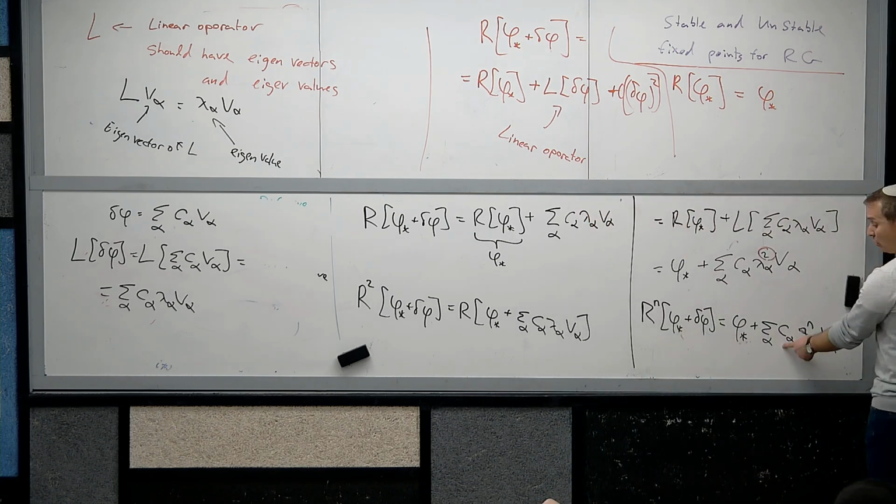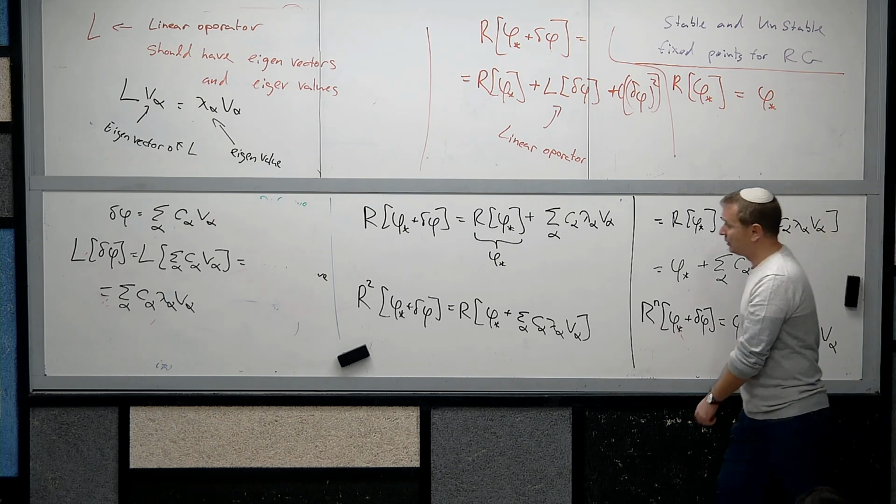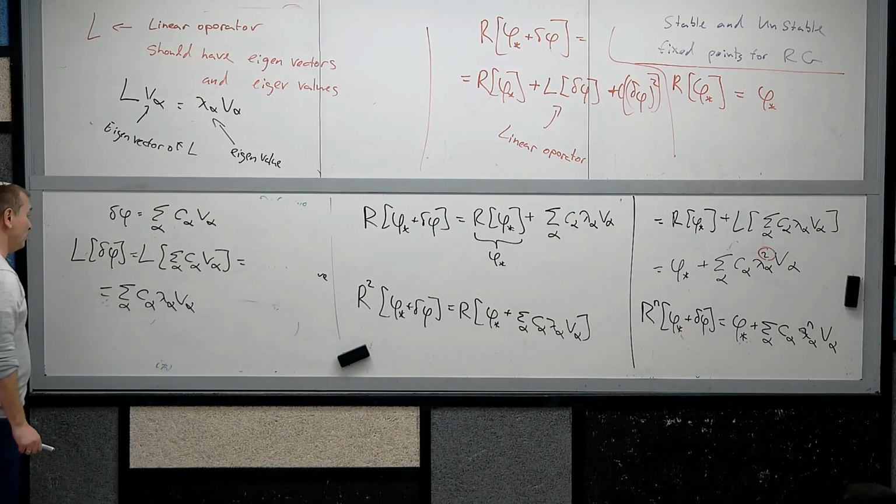C alphas are constants, V alphas are some functions, lambda alphas are numbers to the power of n. So now, what?